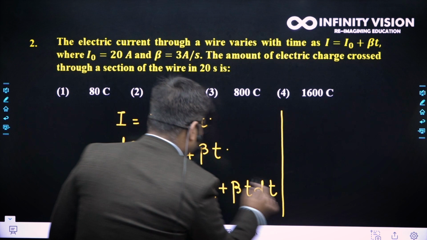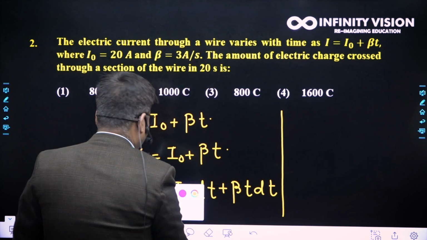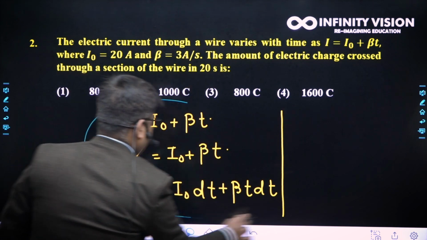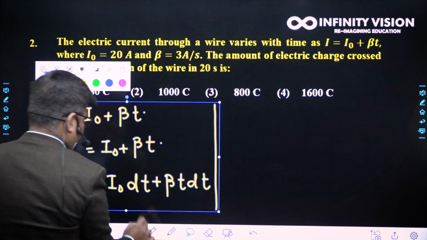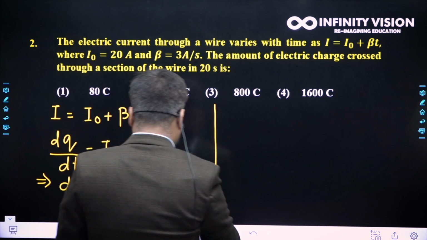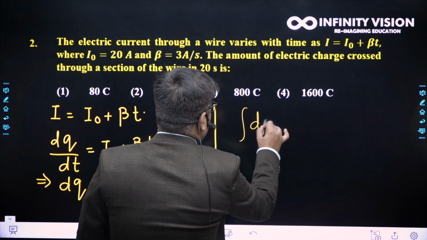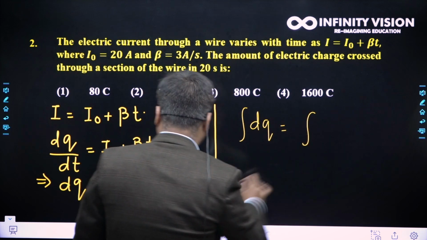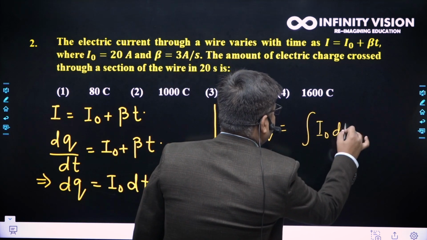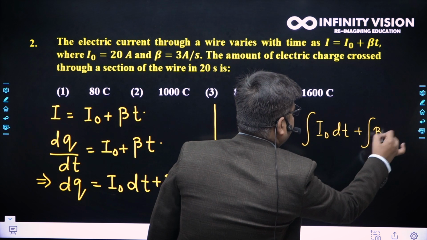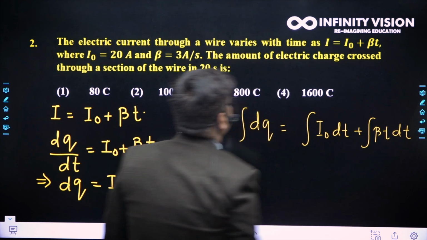Integrating both sides, we get dq equal to I naught dt plus beta t dt.